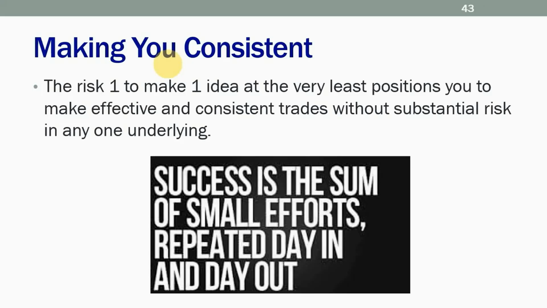But the problem with those trades is they don't pay out very often. This in-out spread pays out consistently. It's designed to make you consistent. The risk one to make one idea, at the very least, positions you to make effective and consistent trades without inordinate, substantial risks in any one underlying.